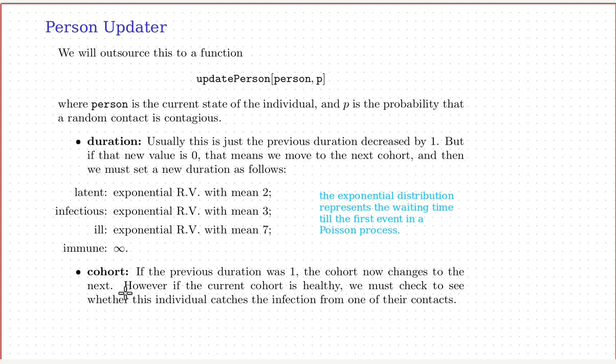One complication, though, is that if the person is healthy, we also have to consider the possibility that they may become infected due to contact with someone who's contagious. And that's probably the most complicated part of the whole simulation. It's just modeling that. That's kind of the heart of the simulation, really. So we have to keep that in mind.